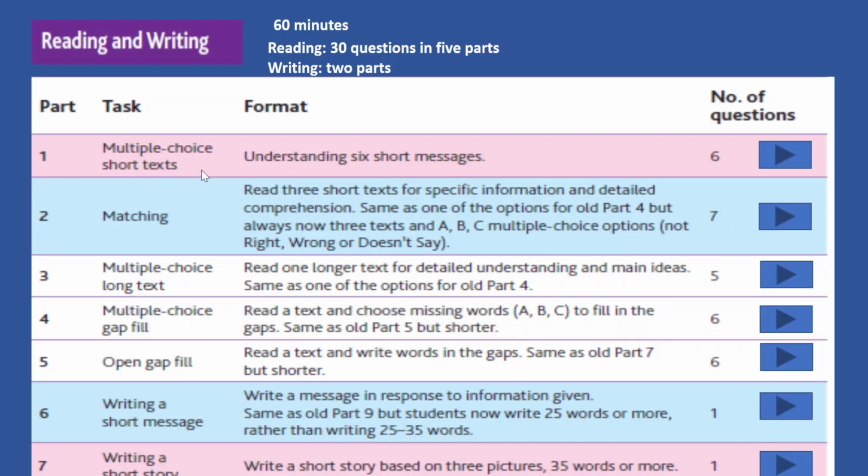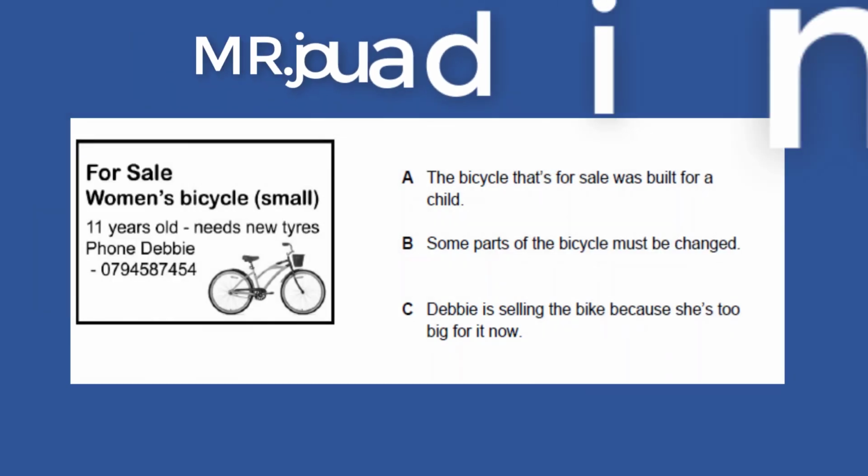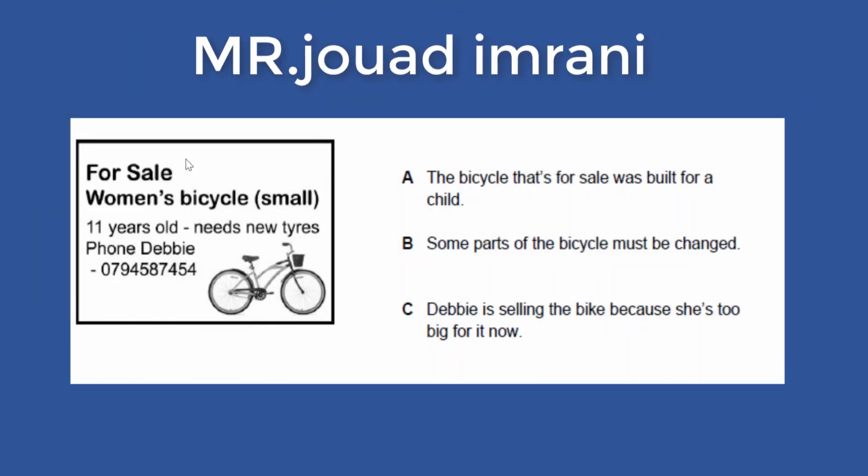In this task, students need to understand 6 short messages or notes or announcements or something like this. Here is an example. Students are given this message, an advertisement about a bicycle, and they have 3 choices to choose one.